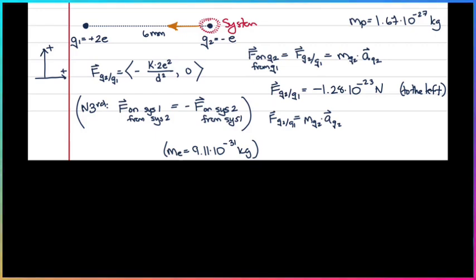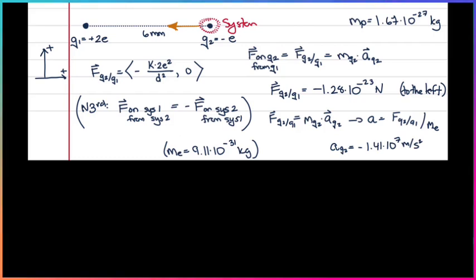So in this case, the acceleration is going to be the force on Q2 from Q1 divided by the mass, which in this case is just the mass of a single electron. And at the end of the day, I get that the acceleration of Q2, the acceleration of this electron, is negative 1.41 times 10 to the 7 meters per second squared.